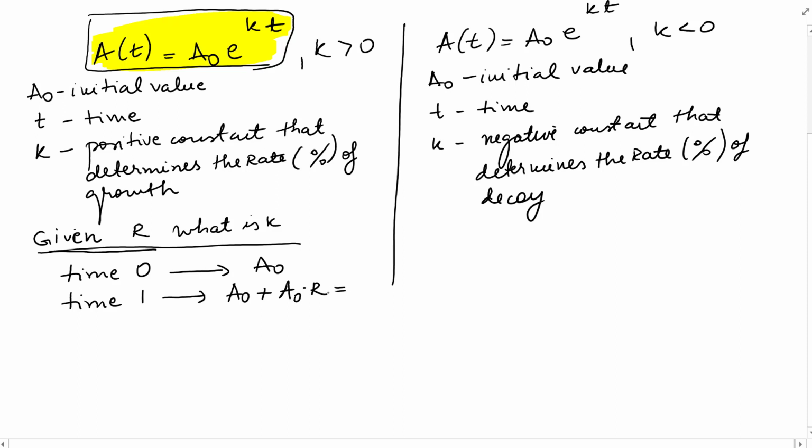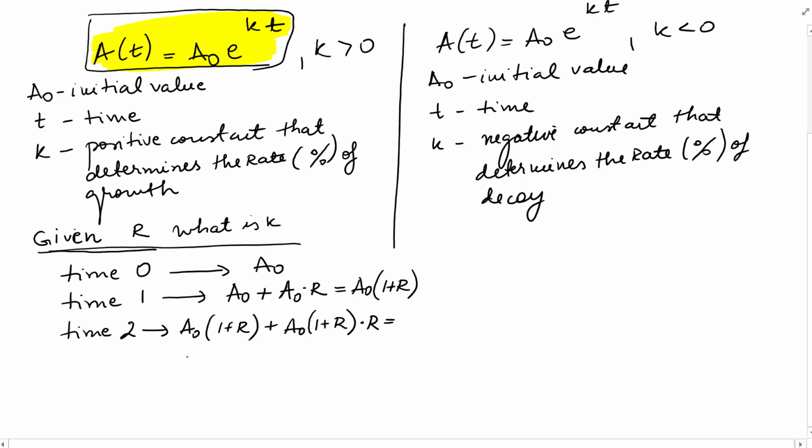If I factor out A naught, it's equal to A naught times 1 plus r. After 2 periods of time, the amount that we have now, A naught times 1 plus r, gets r% of that added. So it's plus A naught times 1 plus r times r.